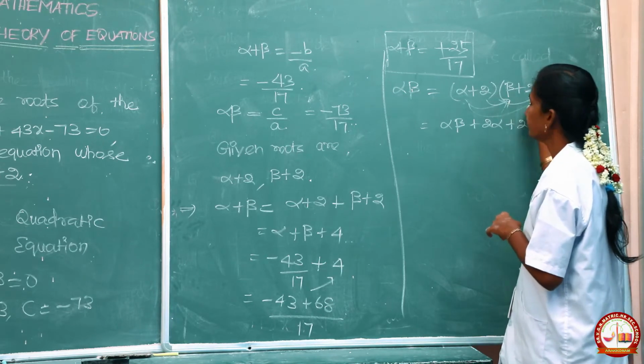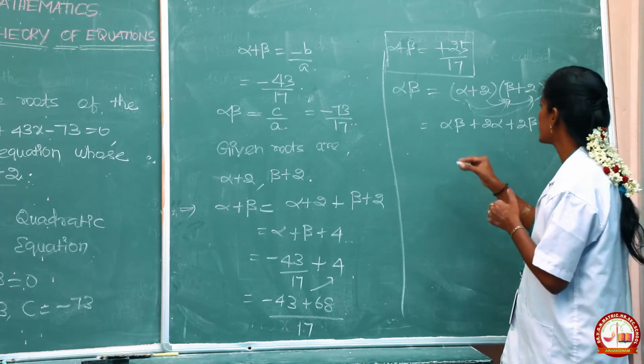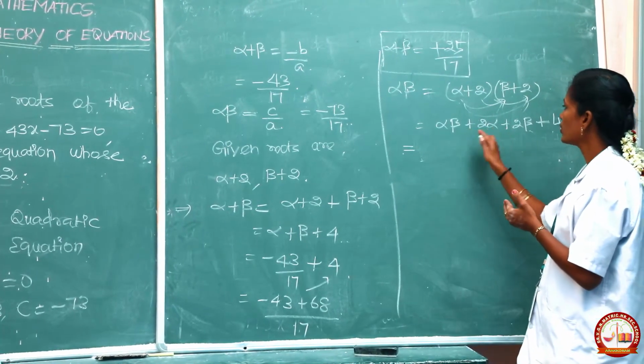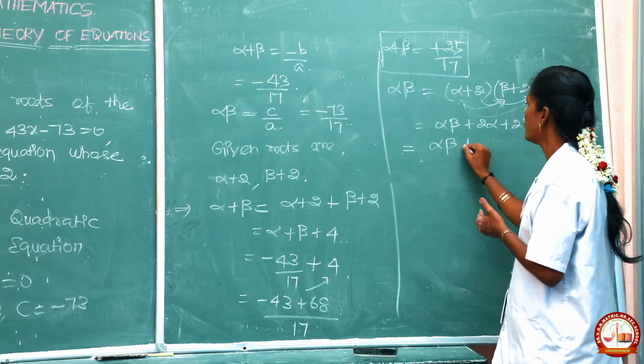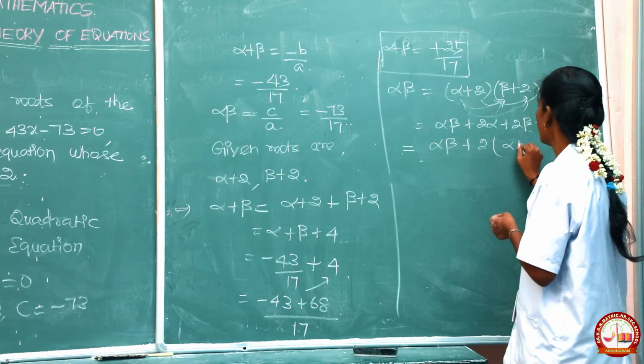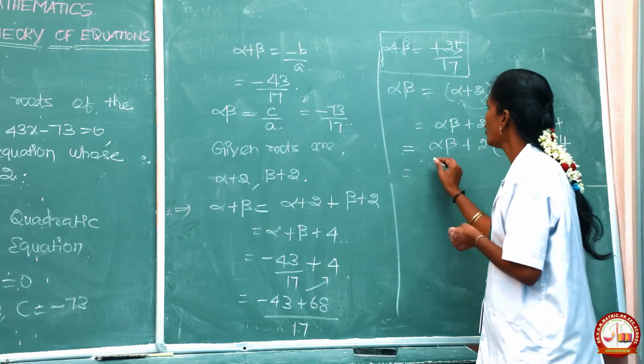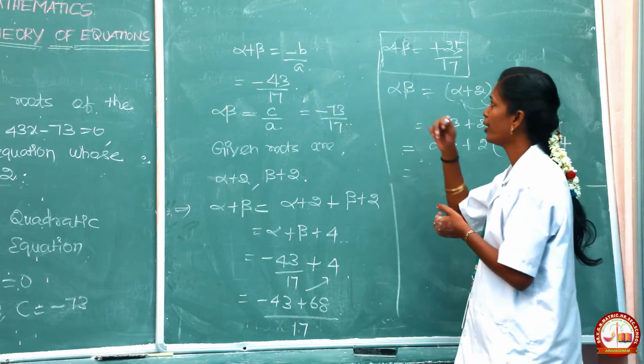Taking 2 common, alpha beta plus 2 into alpha plus beta plus 4.